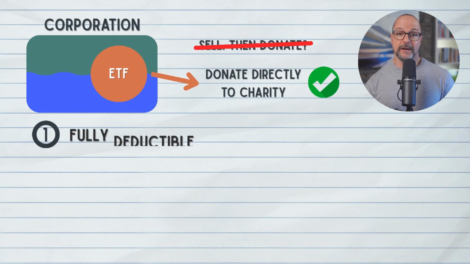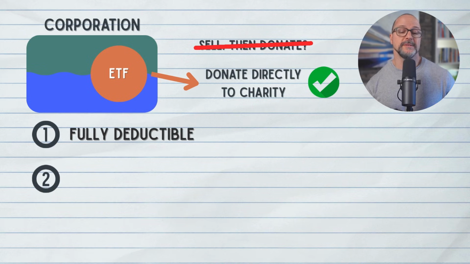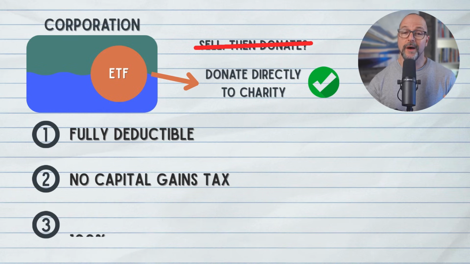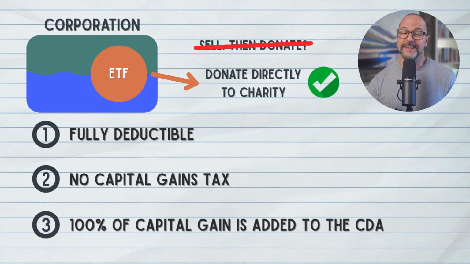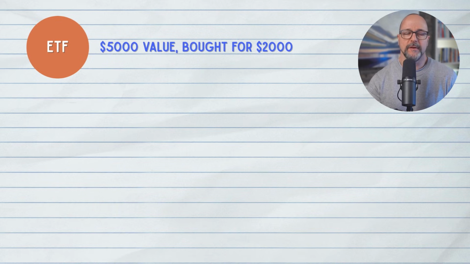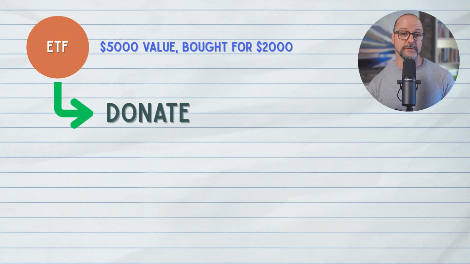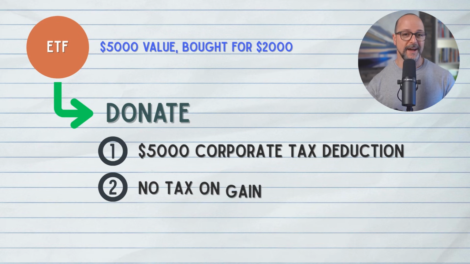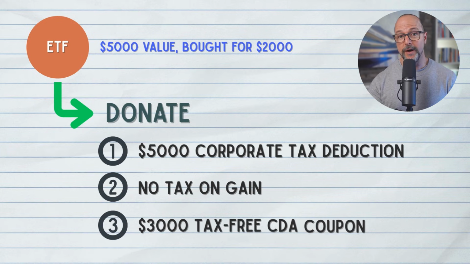He gets to deduct the full value of the donation, pays zero capital gains tax, and here's the really magical part, 100% of that capital gain gets added to his CDA. So if Dr. Alex donated an ETF worth $5,000 that he bought for $2,000, he'd be able to deduct $5,000. He would pay no tax on that $3,000 gain, and he'd receive a CDA coupon that would allow him to take out $3,000 tax-free from his corporation.